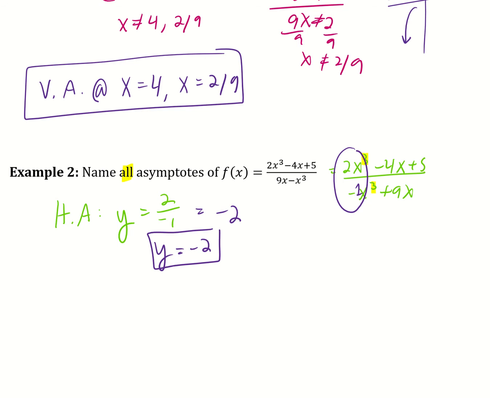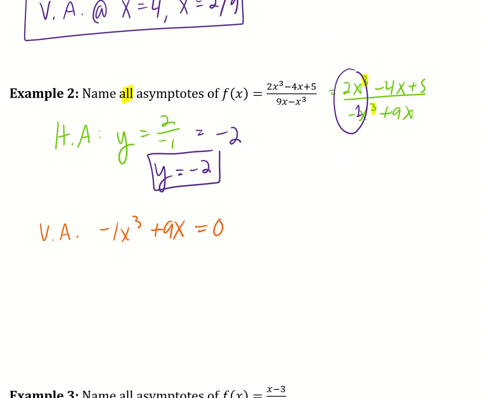My vertical asymptotes come from the denominator. My vertical asymptotes are the places where negative 1x cubed plus 9x are equal to 0, because we can't use those x values. Well, it's a little hard to see what's up until we factor out the greatest common factor, which would be negative 1x. And then, of course, we need to keep factoring, because you can further factor x squared minus 9.